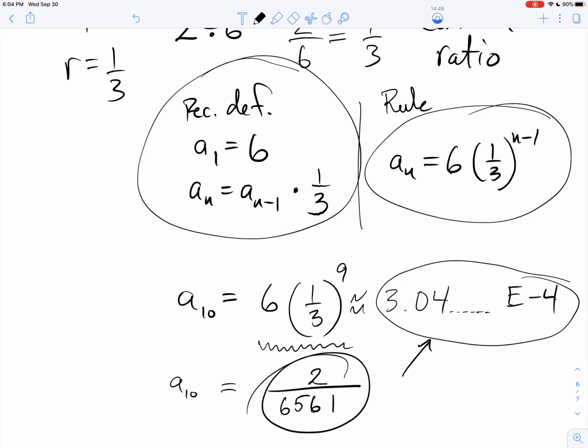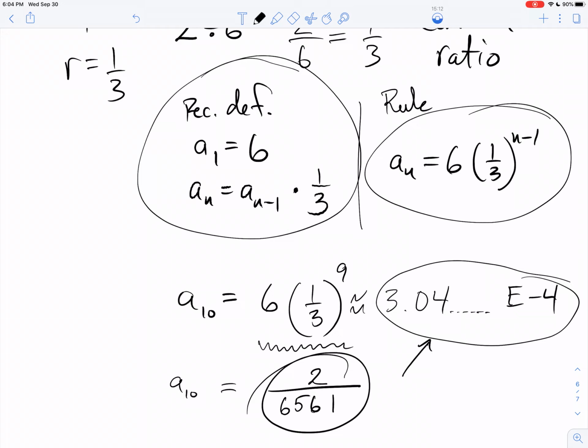This is where geometric stuff can get a little bit trickier than arithmetic stuff, because sometimes our calculators overload and they cannot convert the answer back into a fraction. I call that calc overload. Now the thing is, there's a way around it.